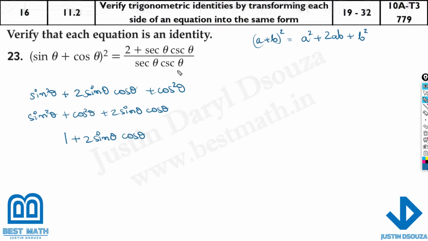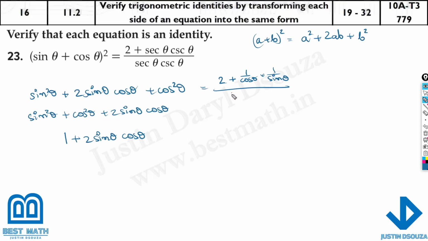Now let's see the right side. What can we do over here? Here what we have to do is first apply all the reciprocal identities and get in terms of sine and cosine. That's the thumb rule, isn't it? Here secant becomes 1 by cosine theta multiplied with 1 by sine theta.